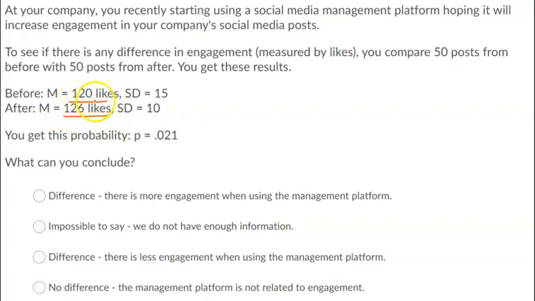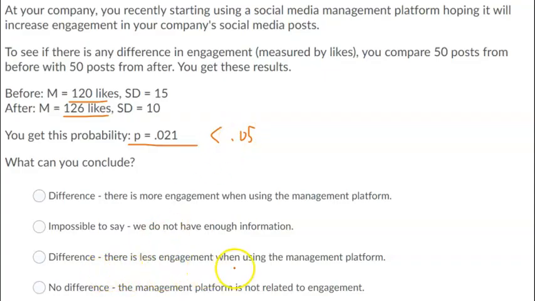You don't know whether there is a significant difference between before and after, but you have the hint here: p equals 0.021. So this is less than 0.05. So the difference between the 120 and 126 is significant. So you can conclude that there is a difference, because it's significant.